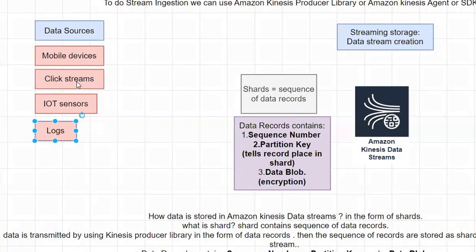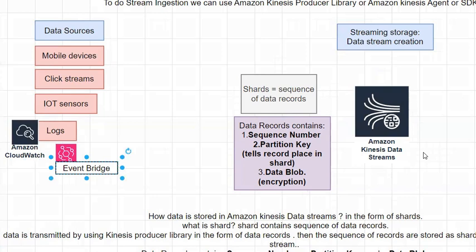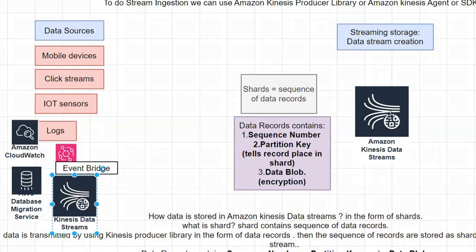We can even store data generated from other AWS services like AWS CloudWatch, EventBridge, or Database Migration Service, or data generated from another data stream as well. Now we want to move or ingest our data to this data stream from our data sources, either one source or multiple sources.